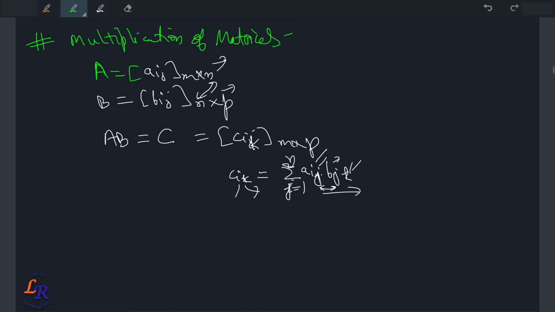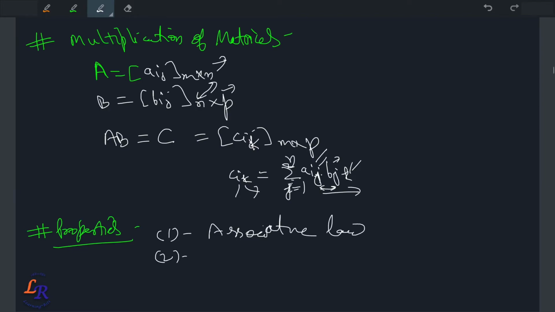And we also have seen some properties related to that. So what were the properties? The first one was that it follows the associative law. The second, it follows the distributive law. Associative law means that A times BC can be written as AB times C. Distributive law: what is distributive law?